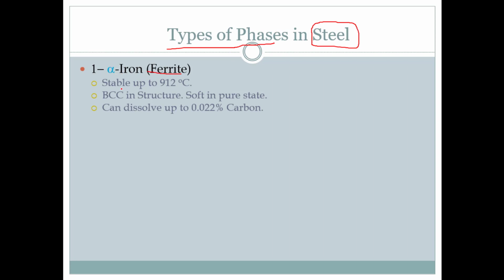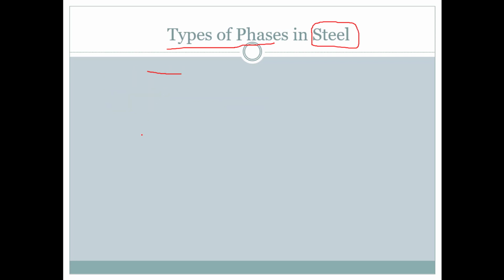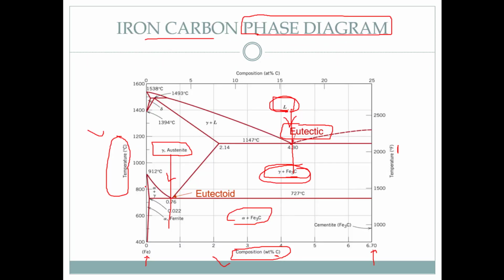Okay, so this phase is stable up to 912. We can see here from the phase diagram. So here we have the ferrite, okay, and it will be stable up to this point. Okay, here we can see that we have ferrite.